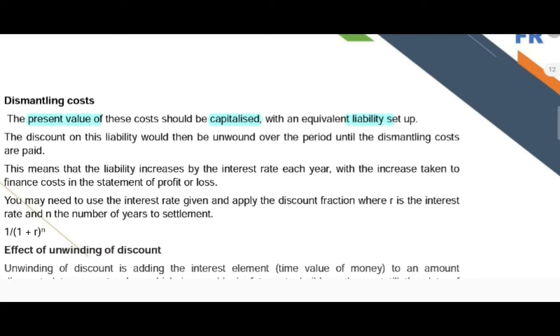So, if you have calculated the present value of future dismantling cost, you need to record this by passing entry debit non-current asset and credit provision. As you know, provision is said to be a liability of uncertain timing and amount.